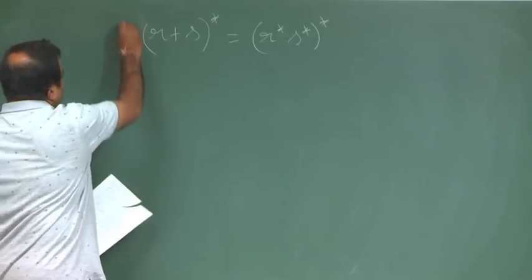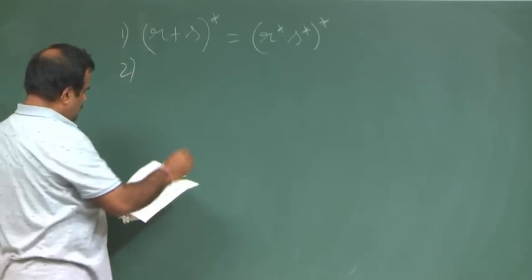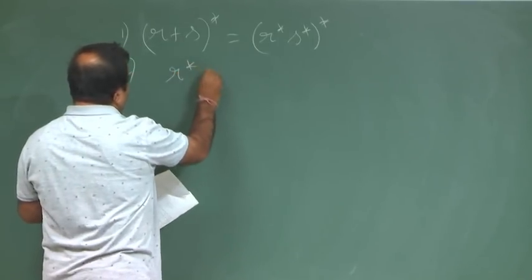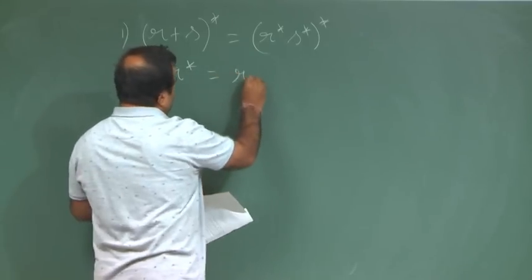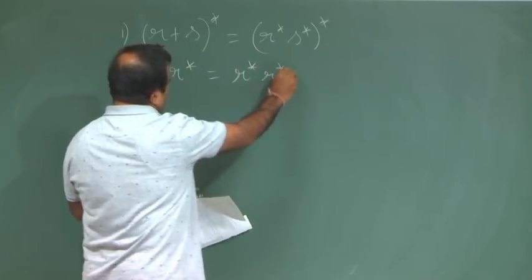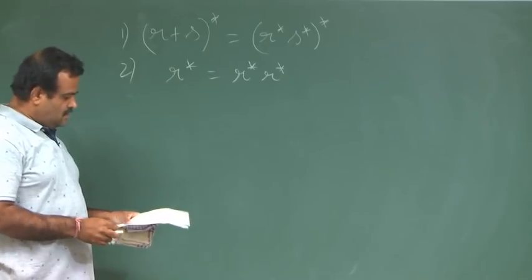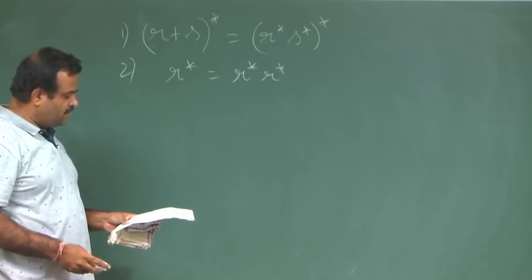We are not proving this now. Then r star can be written as r star r star.